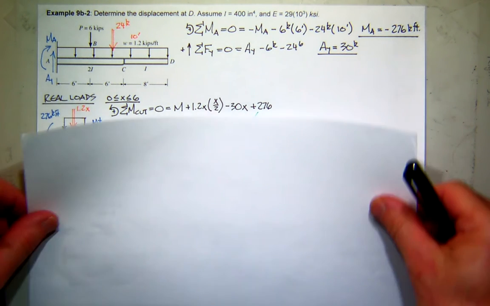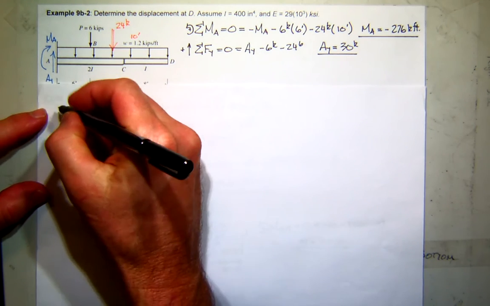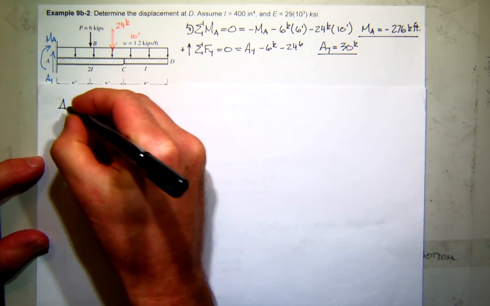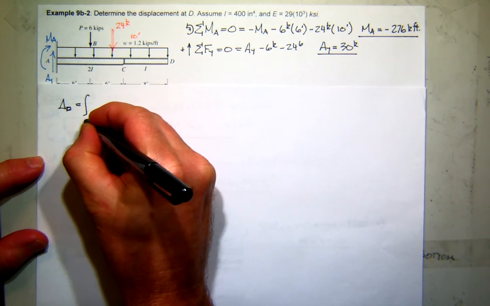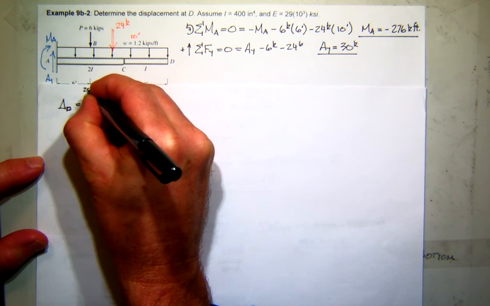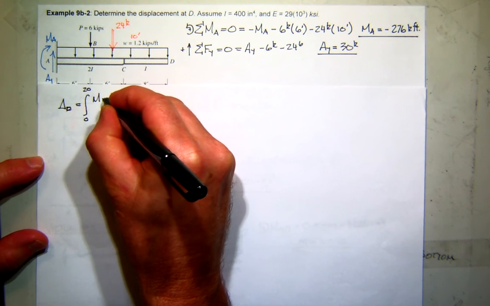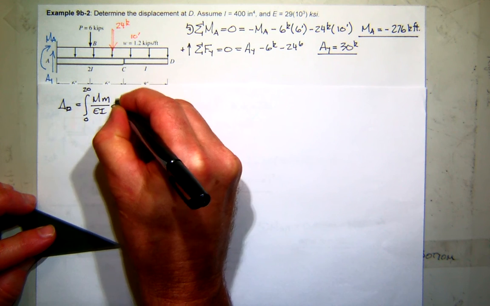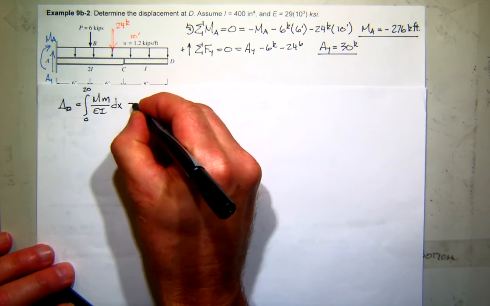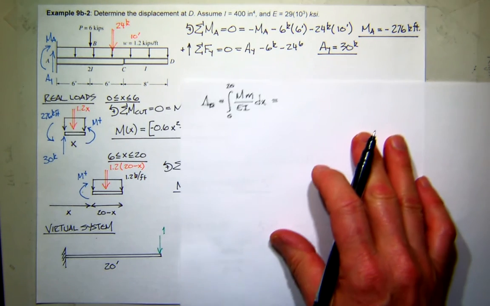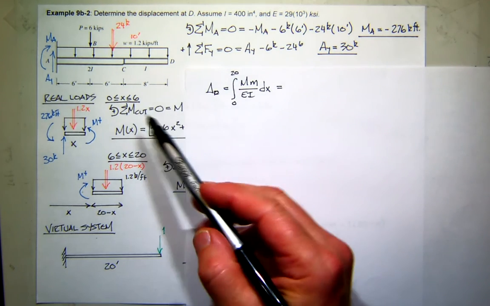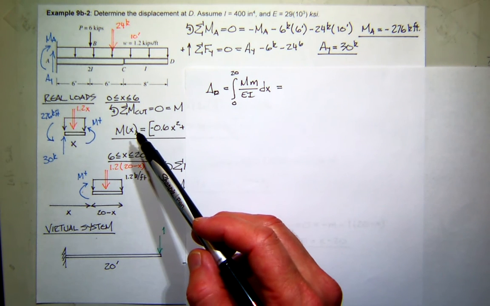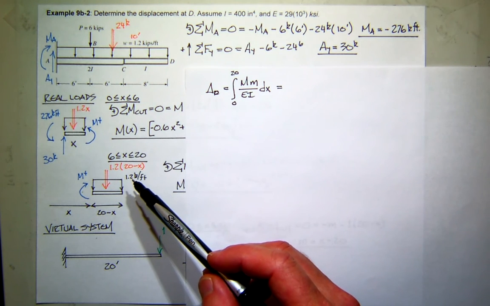Okay. So we can now write the displacement at C, which would normally be defined as the integral from 0 to 20 of the real moment times the virtual moment, divided by EI, dx. But we know from our work over here that the real system is not valid from 0 to 20. I have one equation from 0 to 6 and a second from 6 to 20.